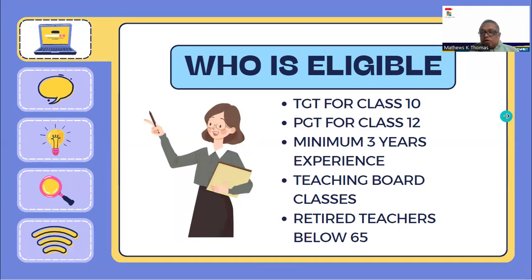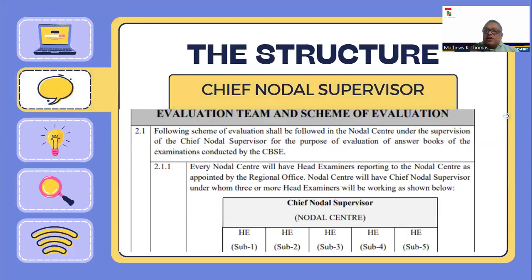Going further, the next step that we have to understand is the whole structure. Every school is given a particular subject to evaluate. Normally one subject, sometimes in rare cases 2 subjects. Now they are going to appoint a CNS. CNS means Chief Nodal Supervisor, who is the main person in charge of the examination evaluation in that particular center, which is the nodal center.